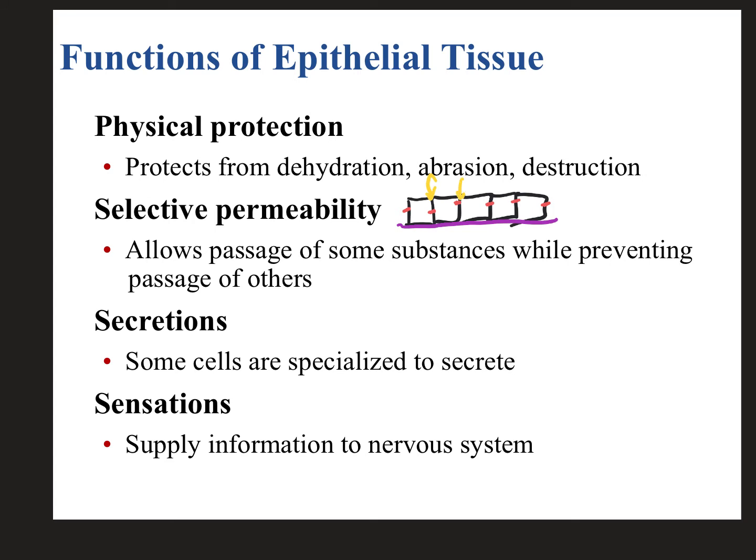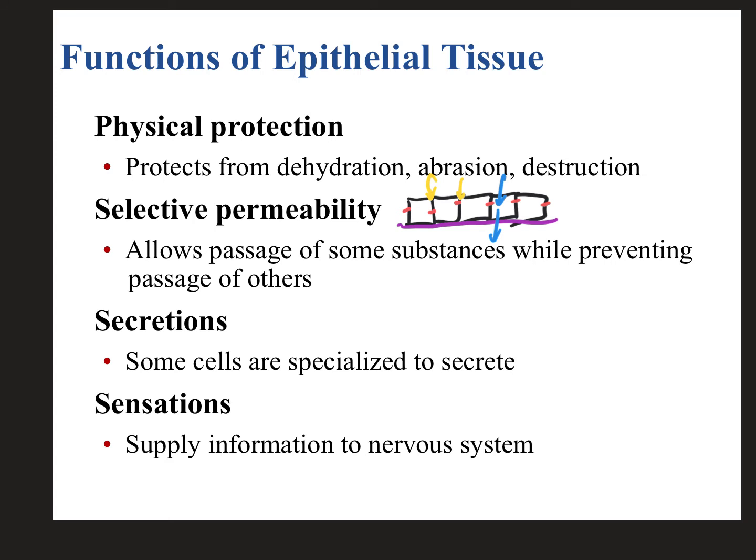It provides a full barrier, a full separation from one side to the other. So the material that's going to move from one side to the other has to pass through the cell. The cell can let certain things pass and exclude other things. That's important for the function of overall organs.